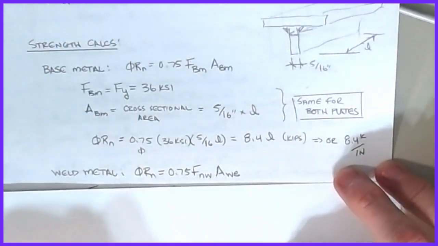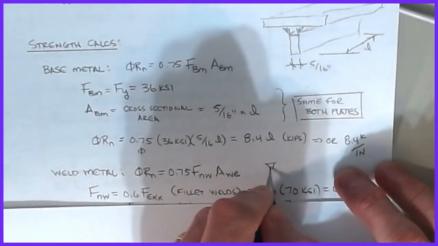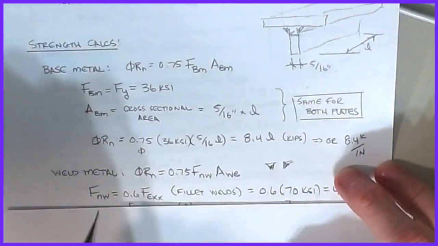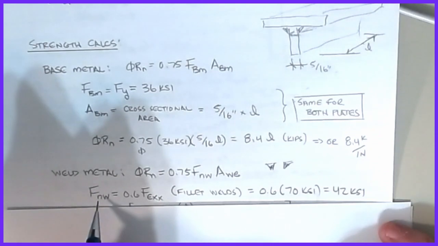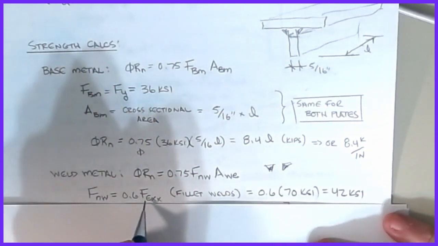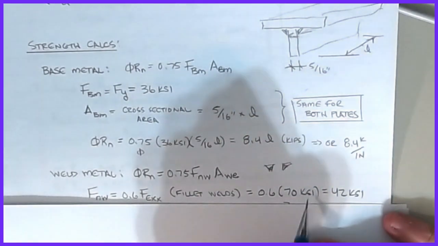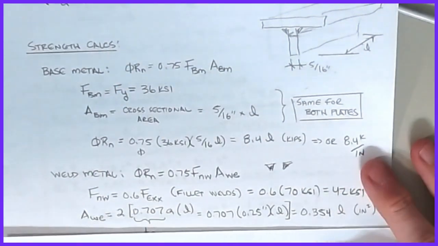Now, in our particular model, we said that we had 2 welds, one on each side of the plate. The FNW we said was 0.6 times the FEXX value. For fillet welds, this is 0.6 times 70 KSI, so 42 KSI, no major issues.